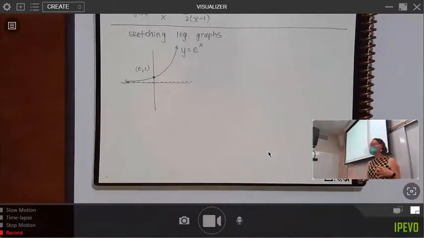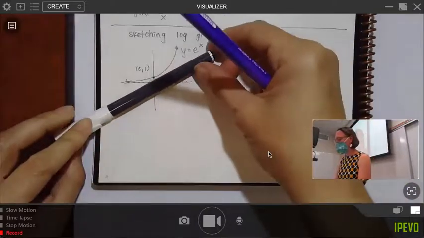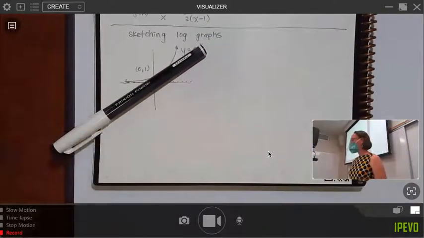Well, I mentioned that y equals e to the x and y equals natural log of x are inverse functions. And when you're graphing inverse functions, you're reflecting them over the y equals x line.